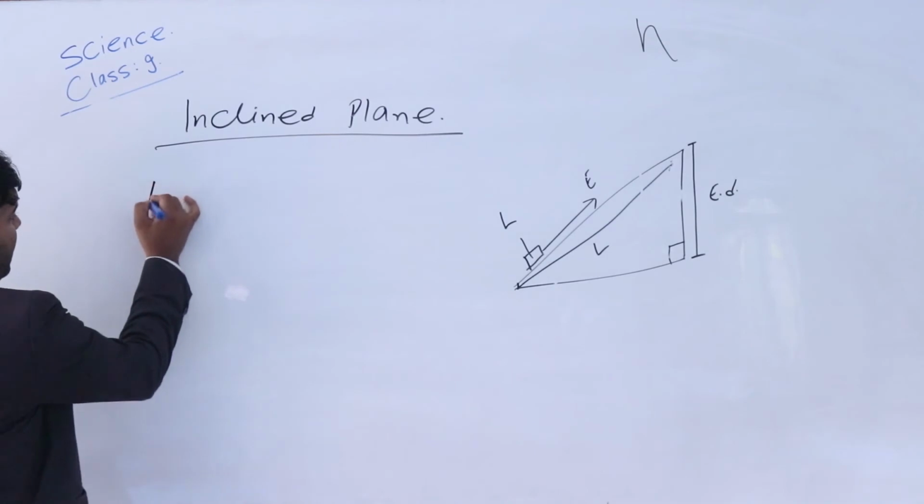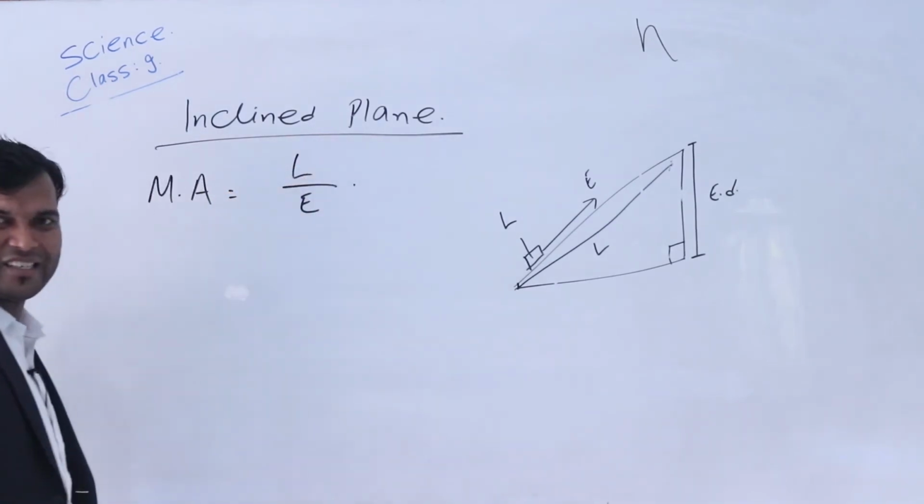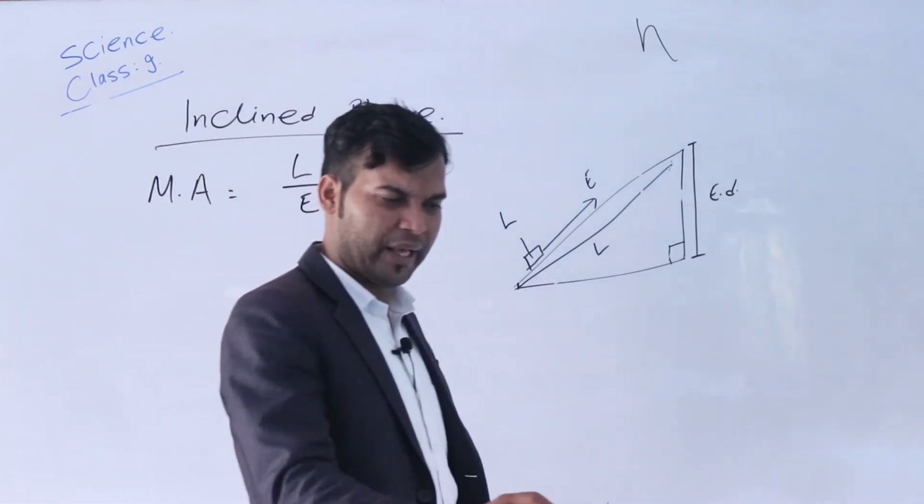MA of an inclined plane. MA is equal to, it is easy, load upon effort. MA is always the ratio of load and effort.